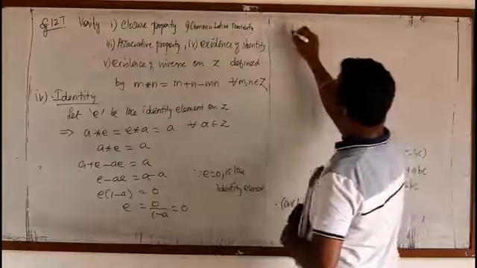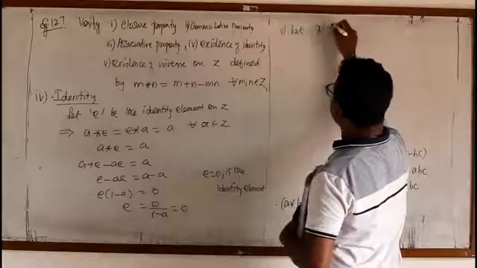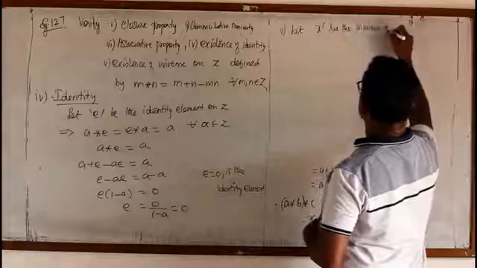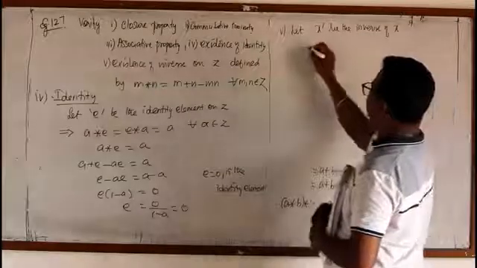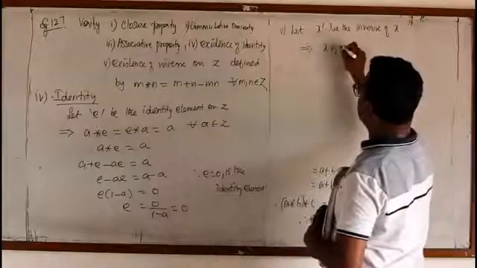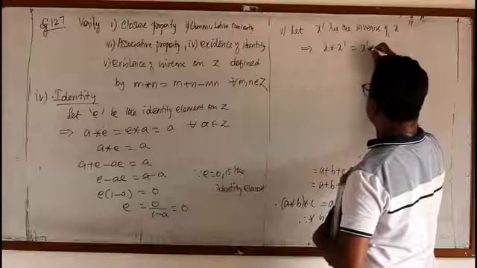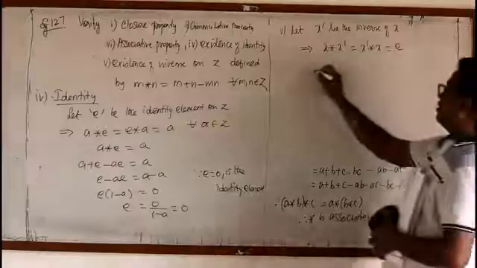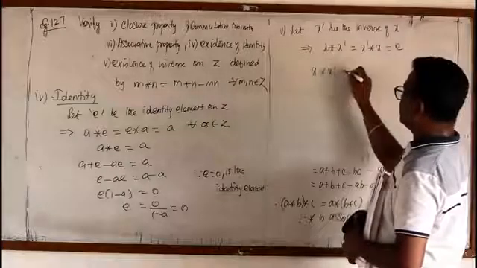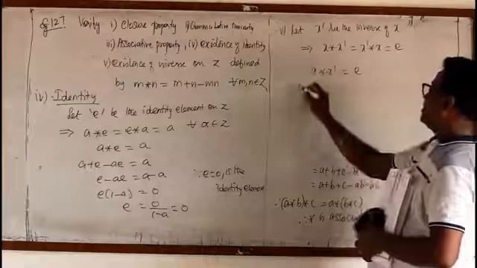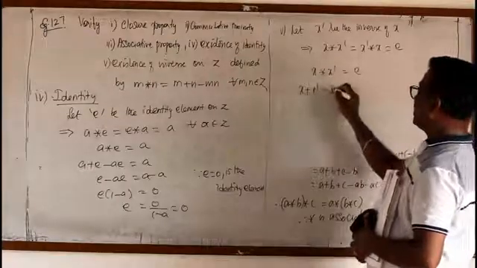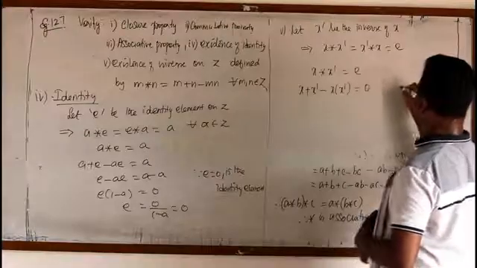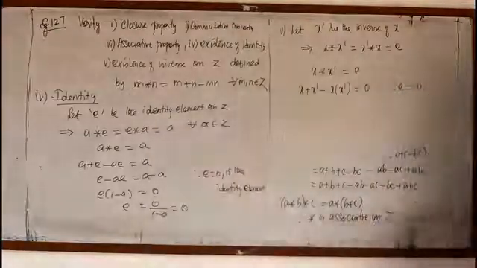Fifth one. Let X dash be the inverse of X. That means what? Either X star X dash or X dash star X, the answer is the identity. So let me take either one. X star X dash equal to E, that is X plus X dash minus X into X dash equal to identity, which is 0, since E equal to 0.